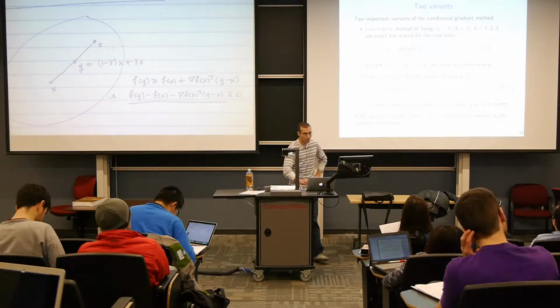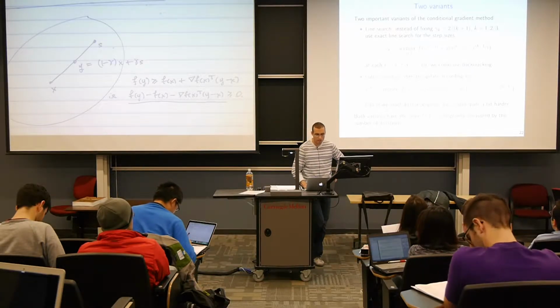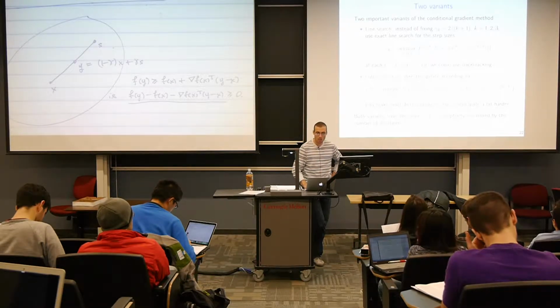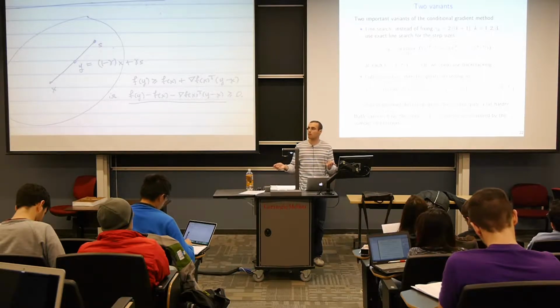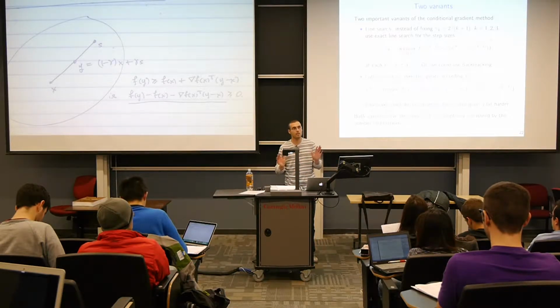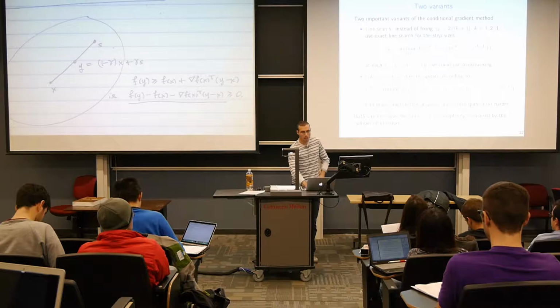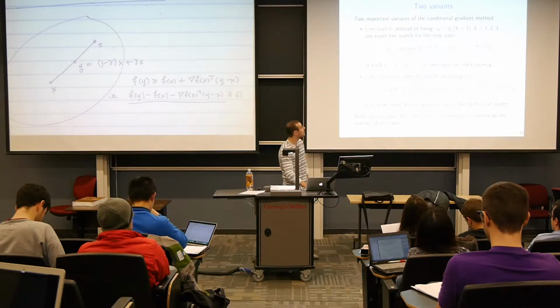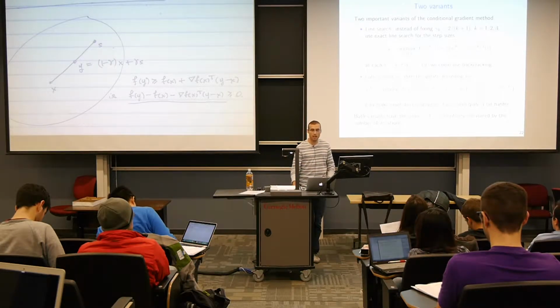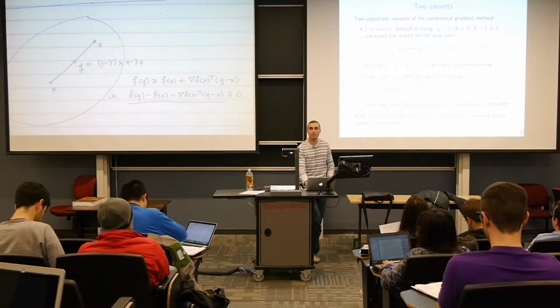We could try to find the value of gamma that makes our function the smallest along this line. This is like doing gradient descent with exact line search. It's really the exact same thing. This is the proposed update direction, s minus x. I don't know how far to go in that direction. That's what gamma controls. So let me try to do the best I can along this one-dimensional line.